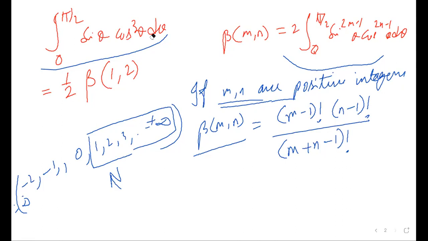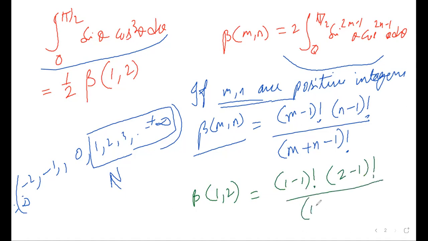Clear? So let's try. Beta 1 comma 2 equals 1 minus 1 factorial and 2 minus 1 factorial, divided by 1 plus 2 minus 1 factorial. Here 0 factorial is 1, and 2 minus 1 becomes 1, so 1 factorial is also 1, so 1 into 1, and here 2 factorial, that is 2.